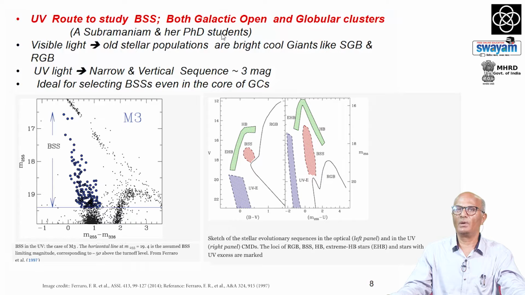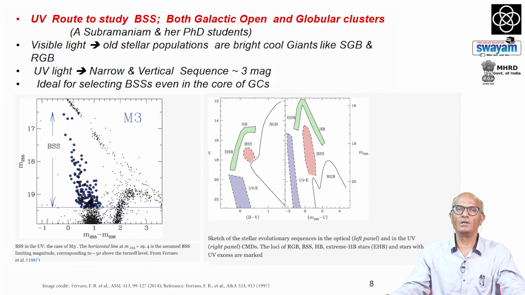We have observed about 8 open clusters and 6-7 globular clusters, and we are trying to put them together to understand the theory. Some of the results I will highlight here to show how they help us understand these stars.